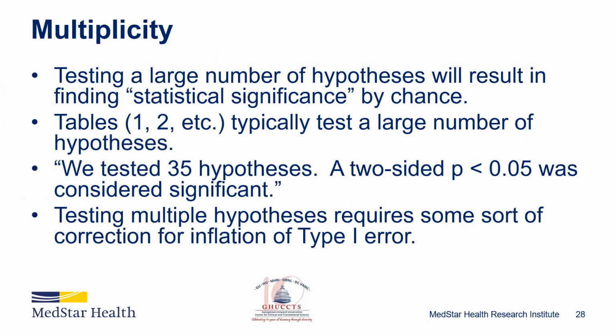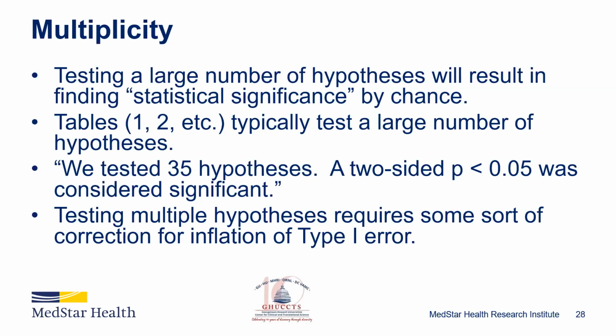So when you say in your statistical methods section that a two-sided p-value less than 0.05 was considered significant, you need to think about that. Are you applying this to all the different p-values you're going to calculate? Are you talking about your primary hypothesis? What exactly do you mean by this?